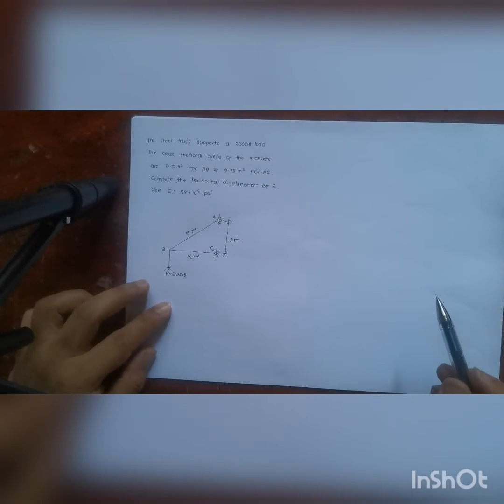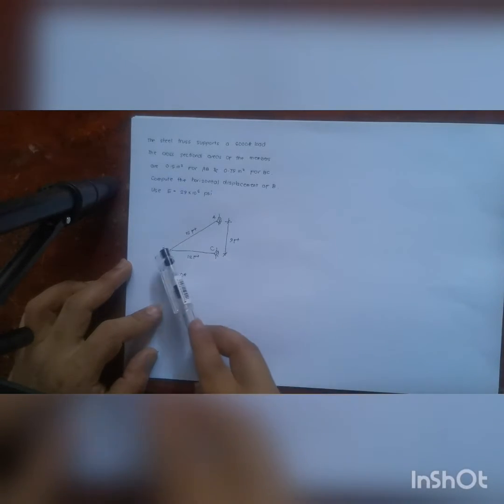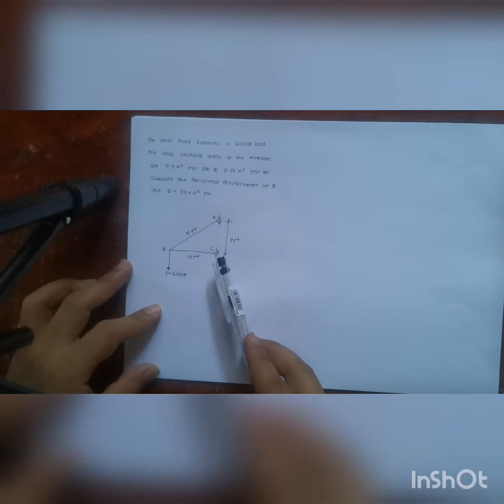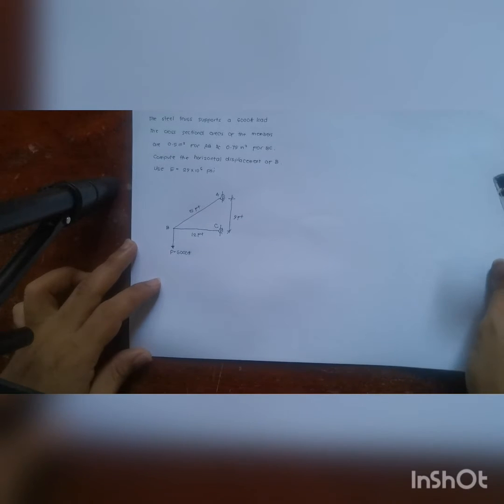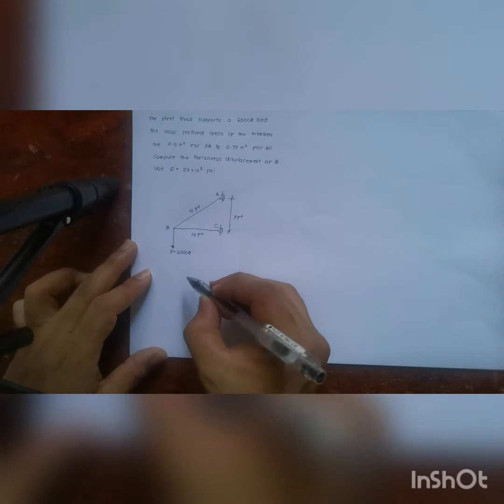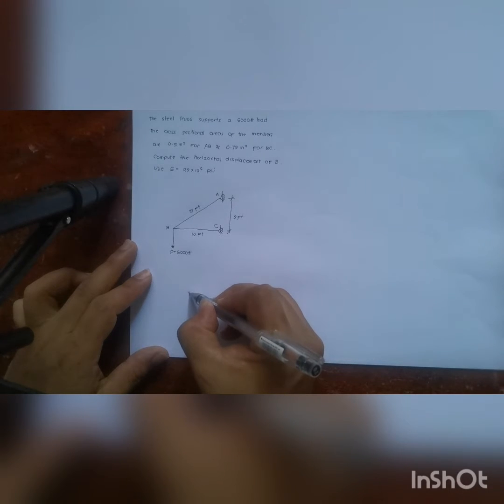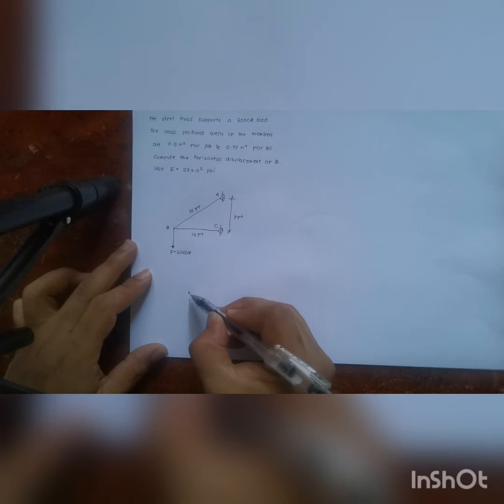So first, let's solve for the axial load applied in member AB and member BC. And to do that, let's draw first our free body diagram. So just consider node B or point B. Meron siyang tatlong force na naka-apply doon.